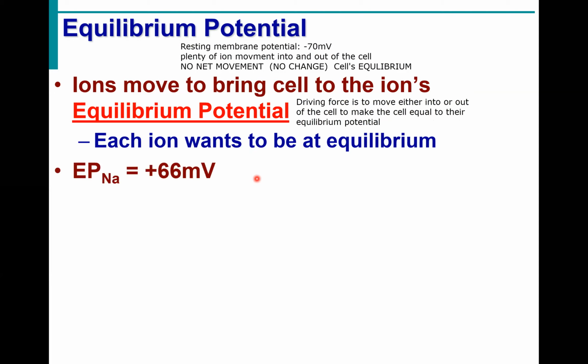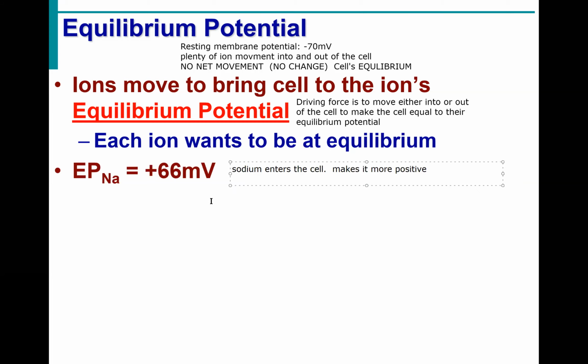As we talked about, the equilibrium potential for sodium is positive 66 millivolts. So when the sodium channel opens, sodium enters the cell, and that makes it more positive as it is trying to reach its equilibrium potential.